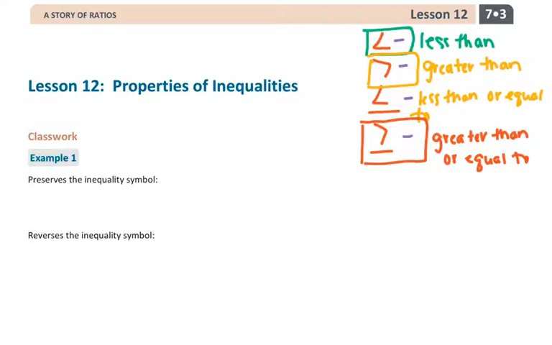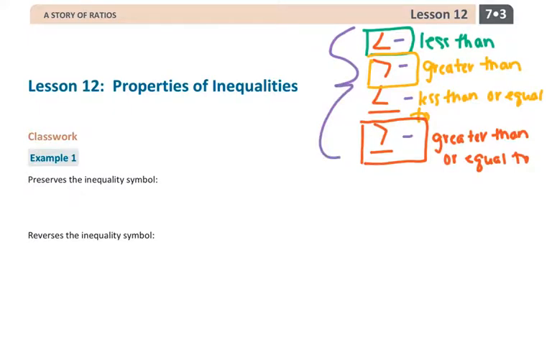So there are our symbols. And before we move on, we need to talk about just two things. We're going to hear statements today that say either we're preserving the inequality symbol or we are reversing the inequality symbol. I just went over our inequality symbols that you might see today.